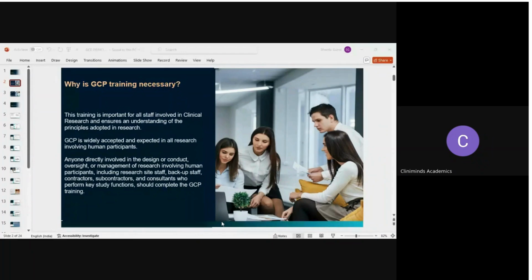Why? Because GCP gives us the standards that are important for the researchers and the research staff to know how the subjects need to be protected, how we are going to collect the data, and how we can prove that the data we have collected during the trial is credible and reliable.